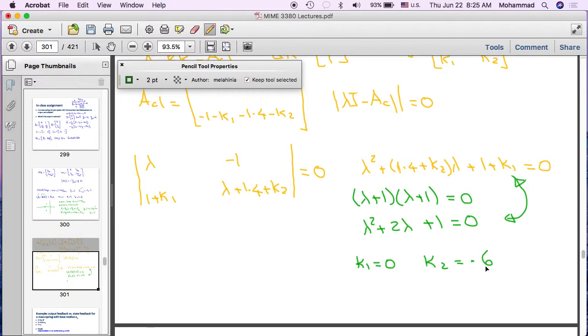So when you feed back displacement, you multiply it by a gain of 0, which means essentially you're not feeding back displacement. You're just simply feeding back velocity in this special case.